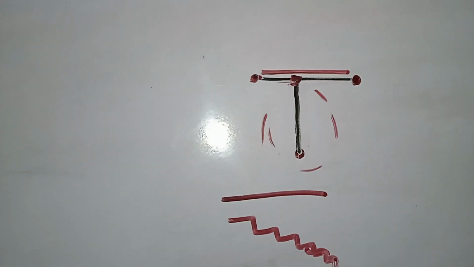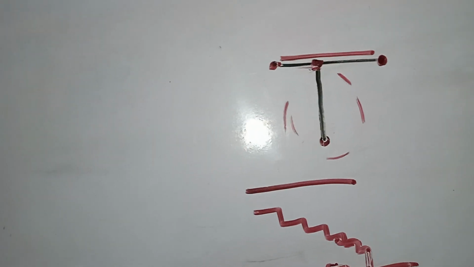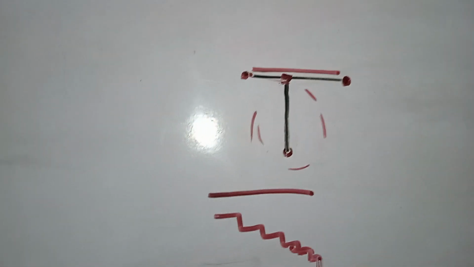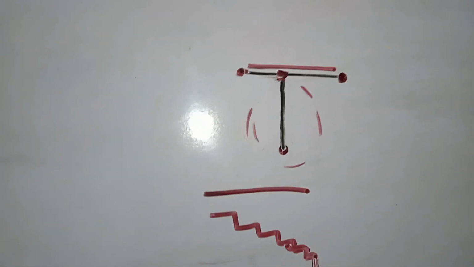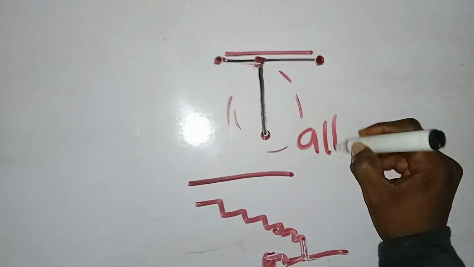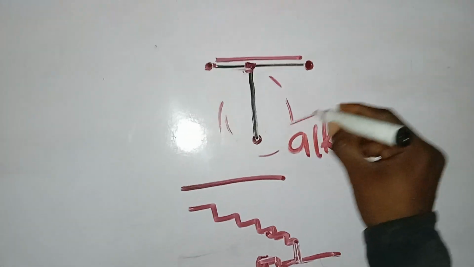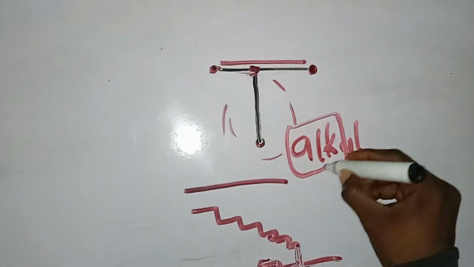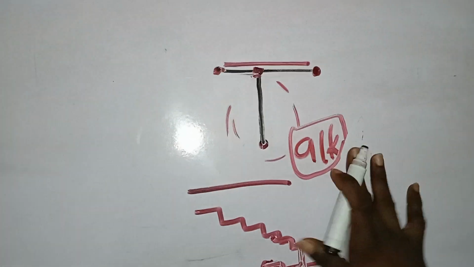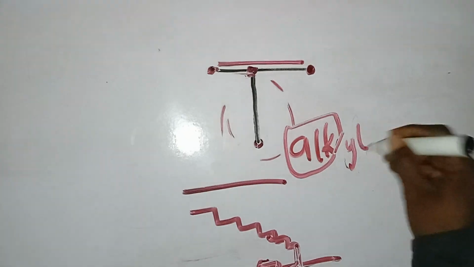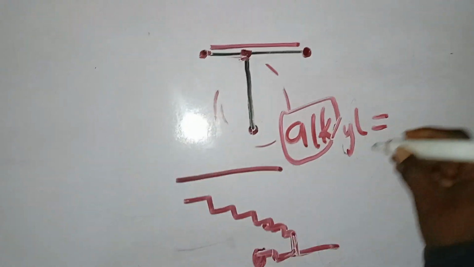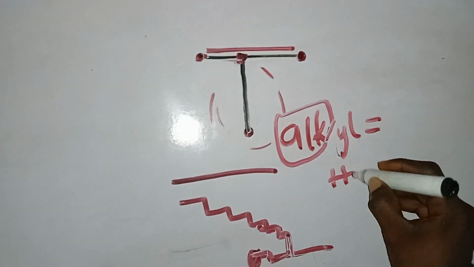An attachment, you call it a branch or substituent. And remember I told you that whenever carbon is your attachment, it is called alkyl. Anytime you're doing anything hydrocarbon, always ignore the 'ane' ending.